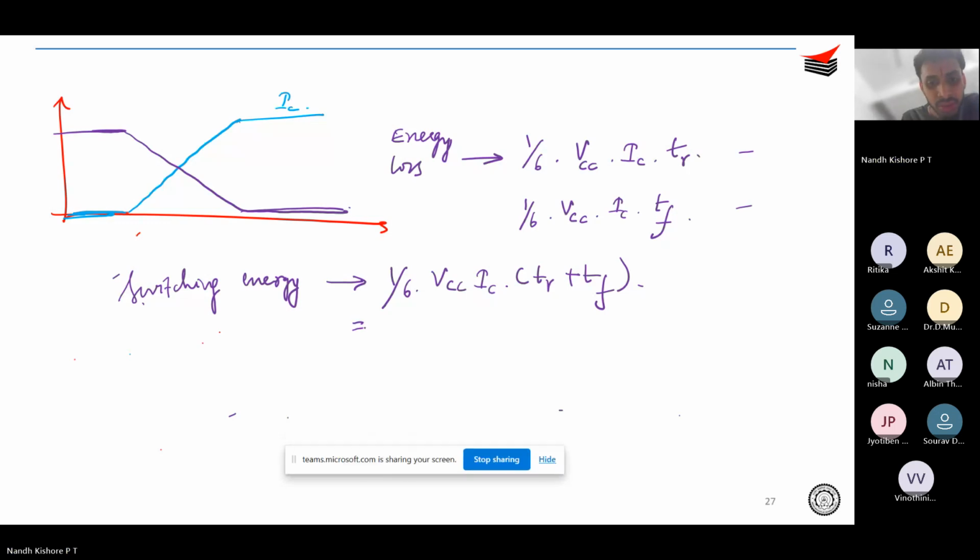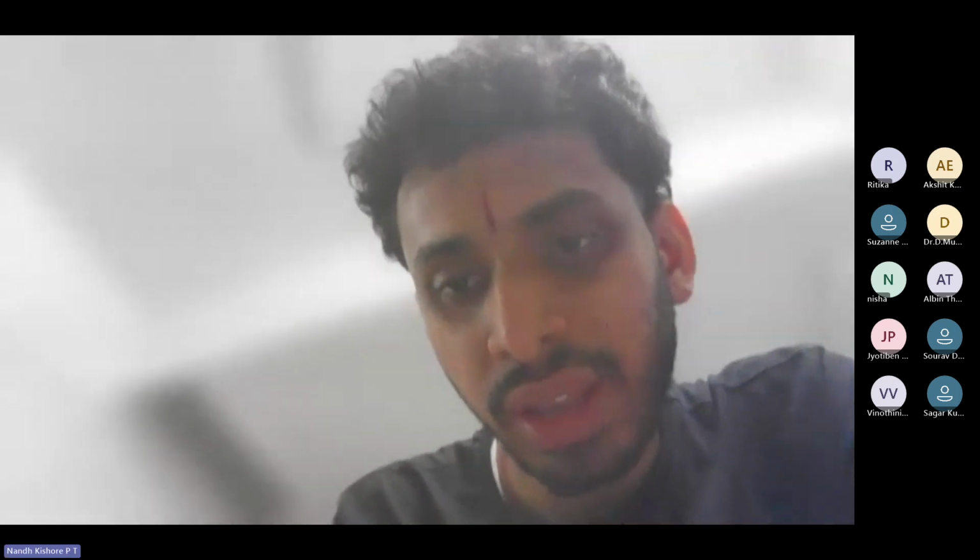This is the total switching energy, correct? So 1 by 6 into what is VCC? Your VCC is 9. 1 by 6 into 9 into IC, which is 5, into TR plus TF.